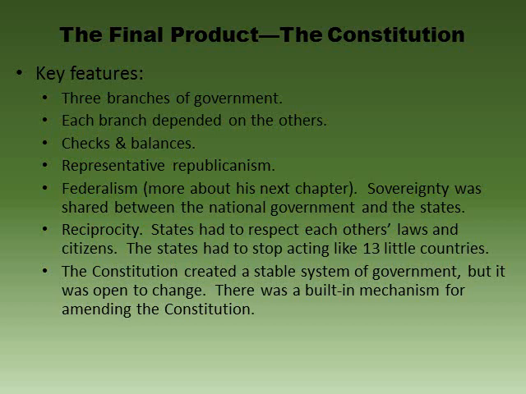The Constitution created a stable system of government. It certainly lasted well over 200 years at this point, but it was open to change. And remember, that was one of the major problems of the Articles of Confederation. It was nearly impossible to alter them in any way to fix the problems that were pretty evident. Well, there is a built-in mechanism for amending the Constitution. It's not an easy thing to do. In fact, we've only had 27 amendments to the Constitution in 200 and some odd years.